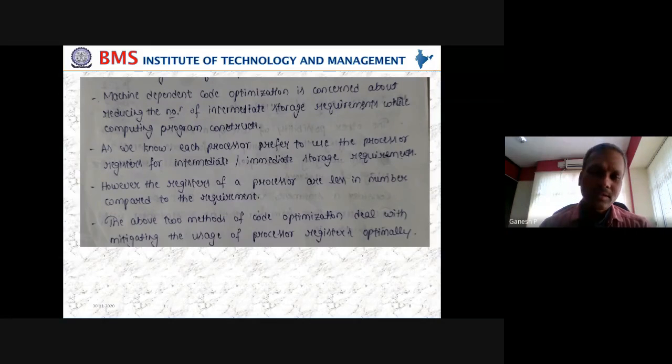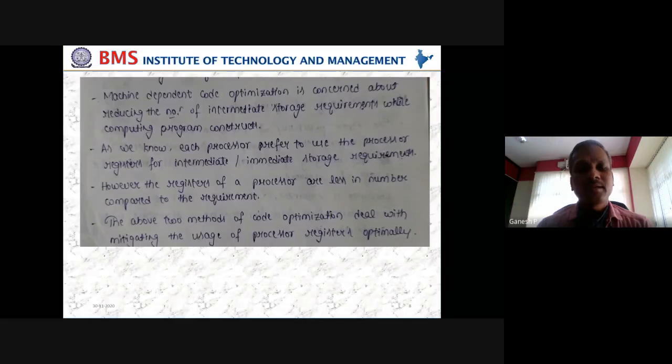If I can reduce the transactions of data, we can talk about a more optimal execution of the code, or a more efficient program being executed.